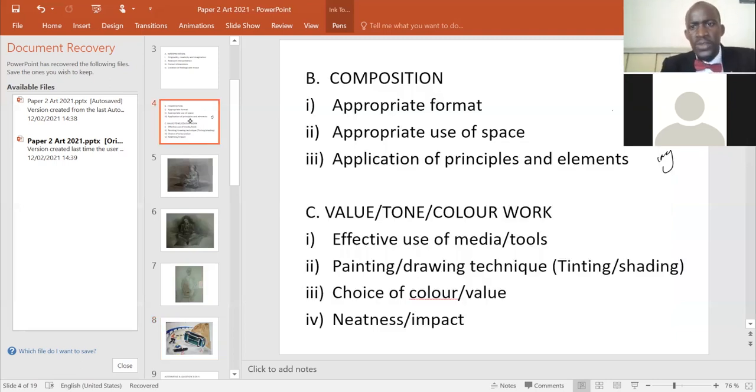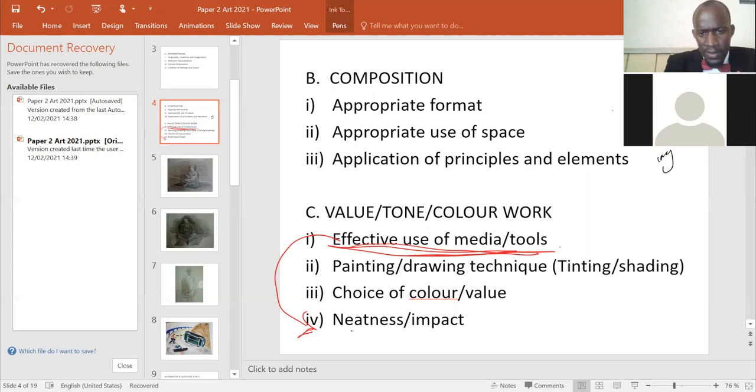Then we have the neatness and impact. When using the media appropriately, when you talk about effective use of media and tools, this is what gives us the neatness and impact.